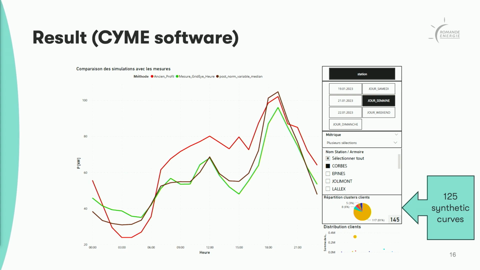On the green curve, you can see the measurement we have on the low voltage part of a transformer, and the brown curve is the one we generated with our synthetic profile.